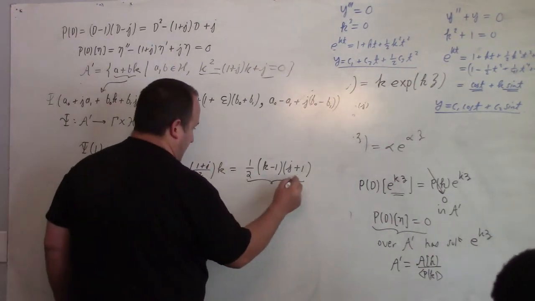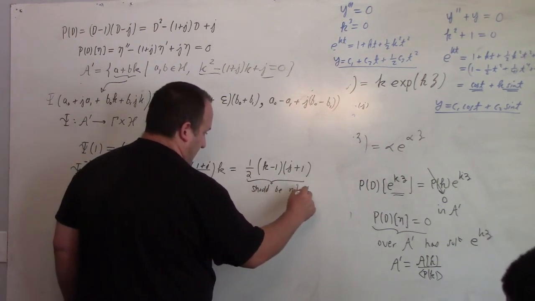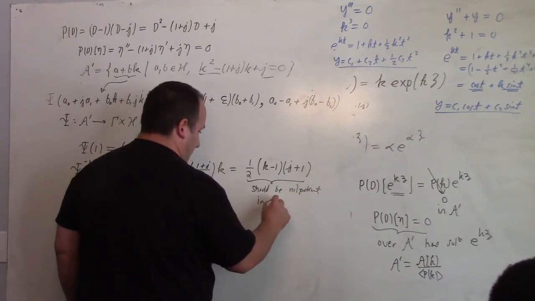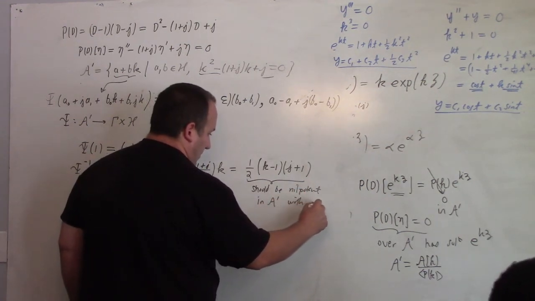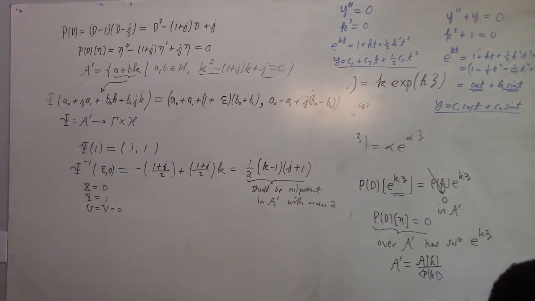So this should be nilpotent in A prime with order 2. What that means is if we square that element, it should be 0, because certainly epsilon 0 squared in the gamma cross H algebra is epsilon squared comma 0 squared, which is 0, 0.